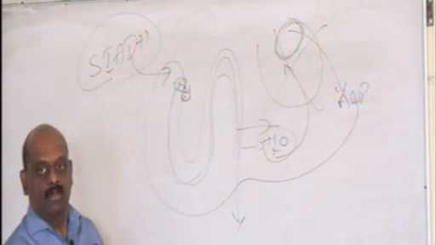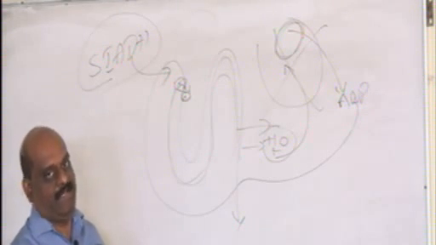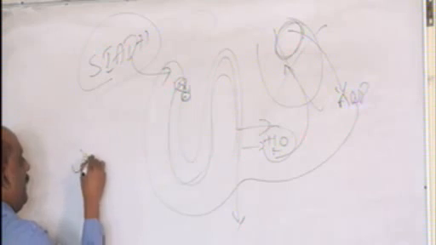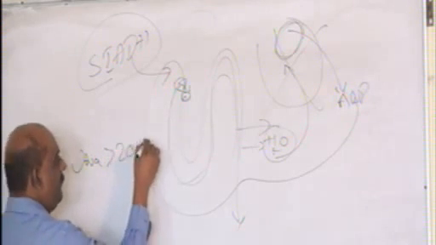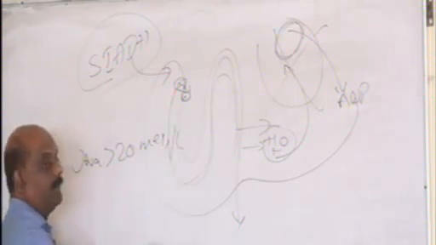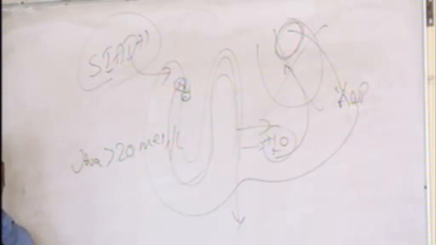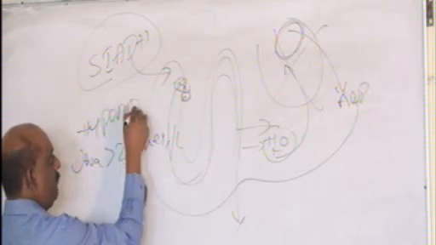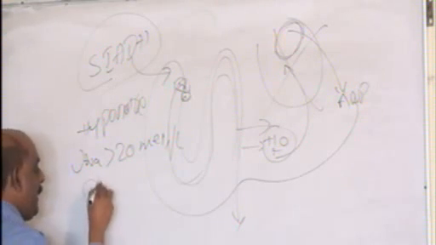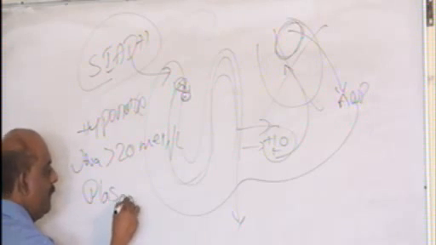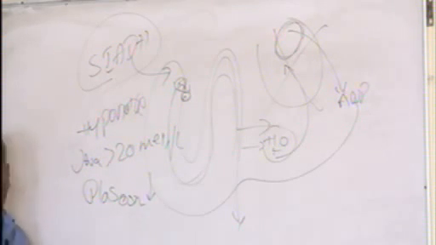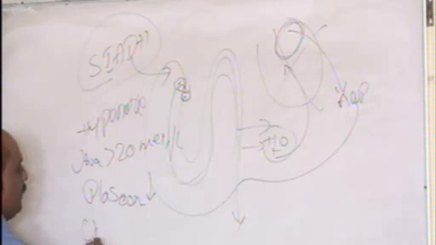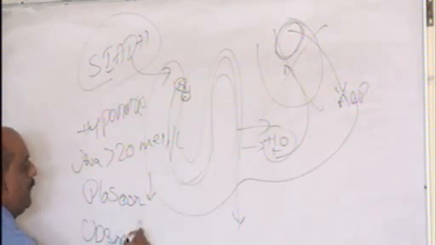So what is the biochemical definition of SIADH? Urinary sodium more than 20 milliequivalents is the definition. Presence of hyponatremia is a feature of SIADH. Whenever water is retained, plasma osmolarity will come down and urine osmolarity becomes increased.